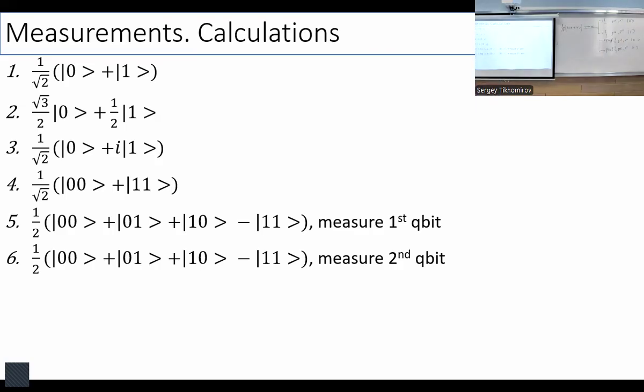The third. So now I put i here, so this has imaginary numbers inside.